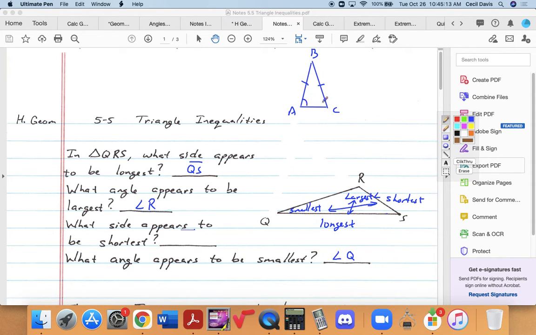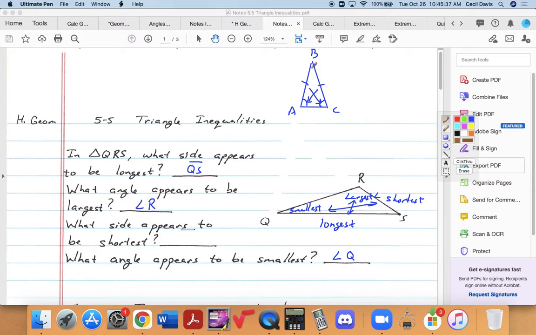A and C. Since these two sides are equal to each other, these two angles are equal to each other. And where are those angles? They're across the triangle from those two sides. You see how that ties all together? So in this triangle, the smallest side is AC, and is it pretty clear that the smallest angle is angle B?